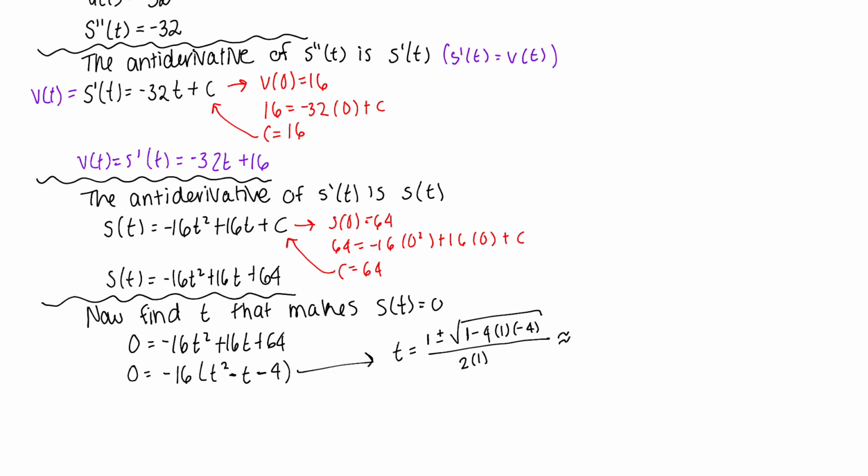This ends up being 1 plus or minus the square root of 17 over 2. If you plug those in your calculator, the plus and the minus, you get 2.56 and also negative 1.56, as long as that calculation is right.